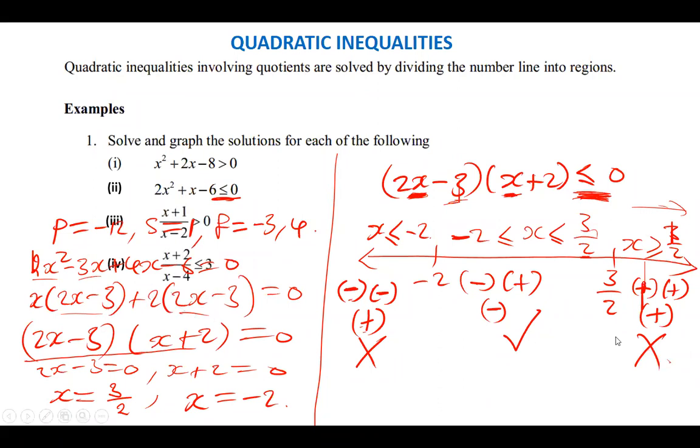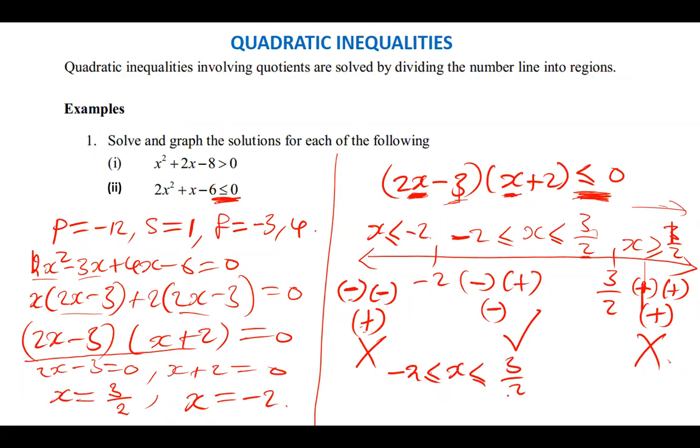Hence, since it's not accepted, you get the region that has been accepted. The region that has been accepted is simply from -2 to 3/2. Since the symbol that is there is less or equal to, you also have to include the equal to sign there.